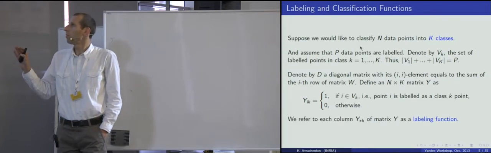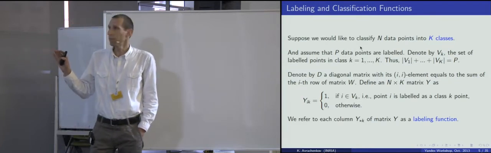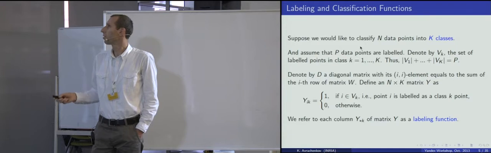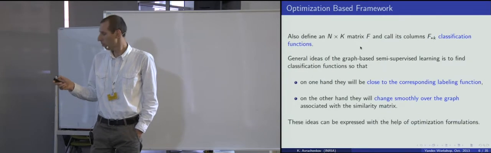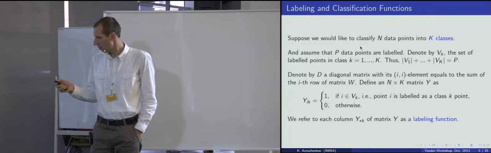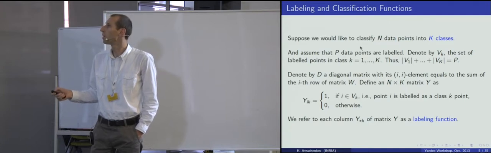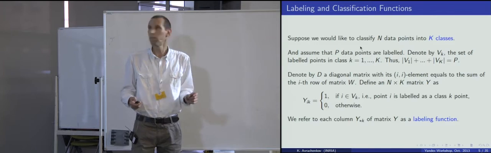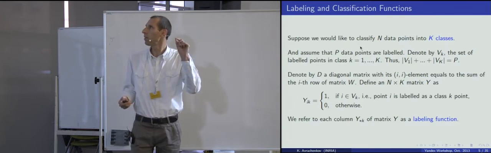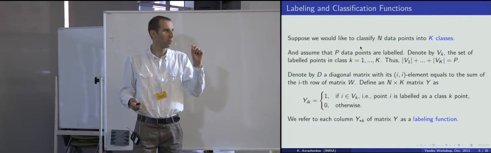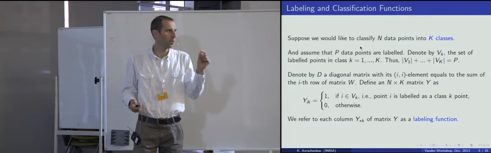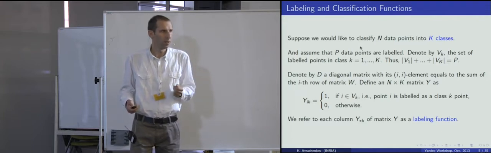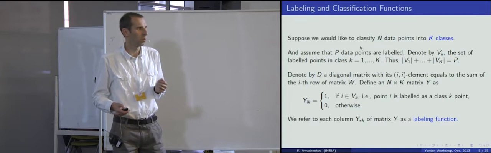Then for labeled points, we construct a labeling function, which we denote by y. The y's are just vectors where we insert ones if we label that point, so these are basically indicator functions for the labeled points.